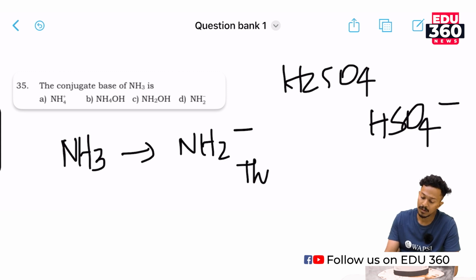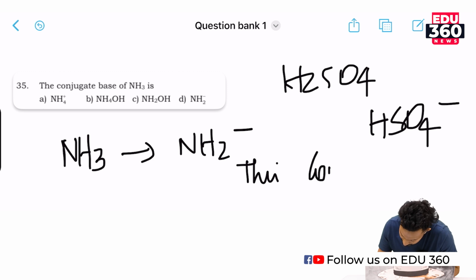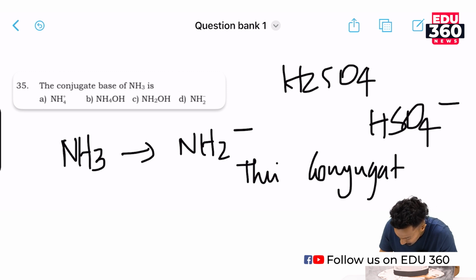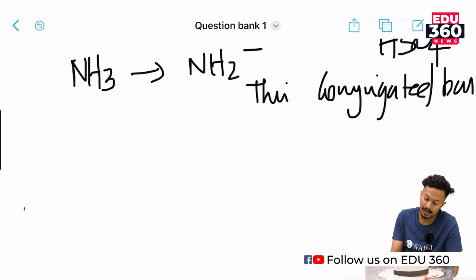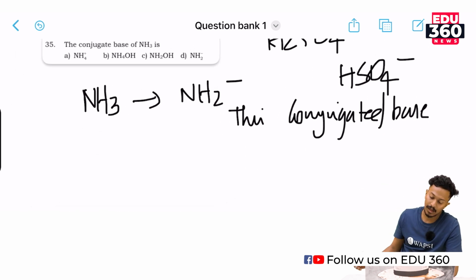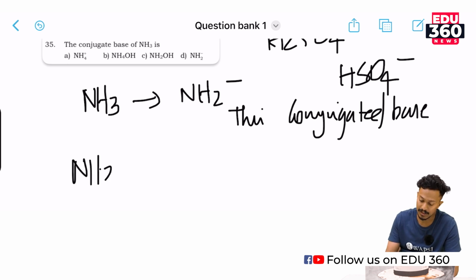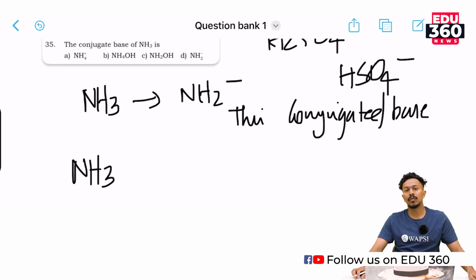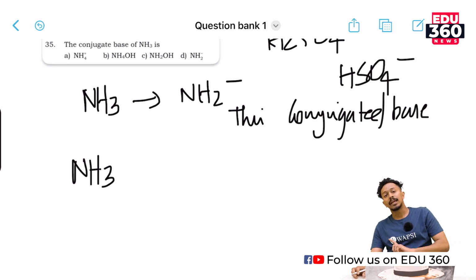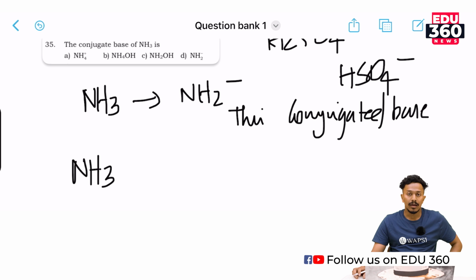This is the conjugate base of ammonia, right? Well, what about the conjugate acid of NH3? The conjugate acid of NH3 is formed when we add a proton to the compound.